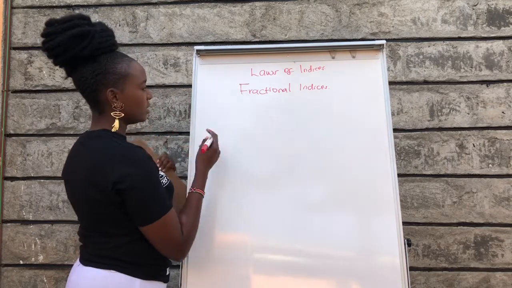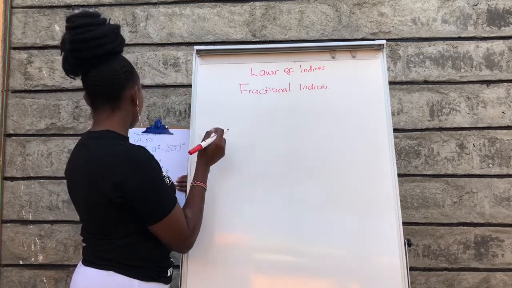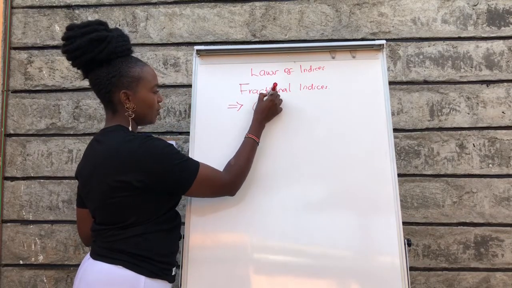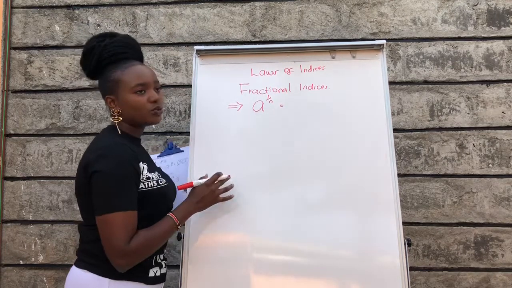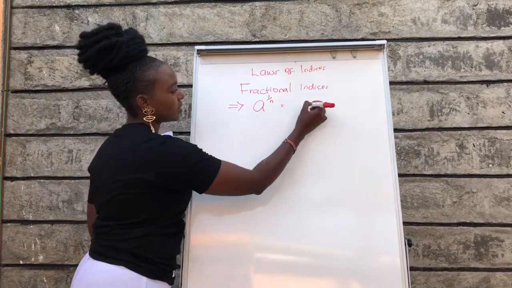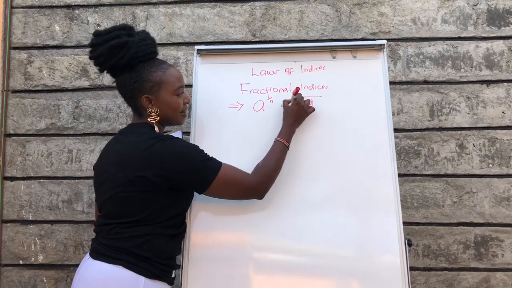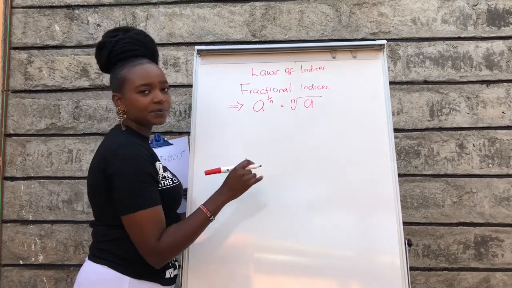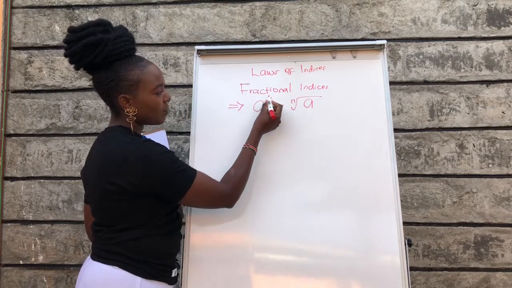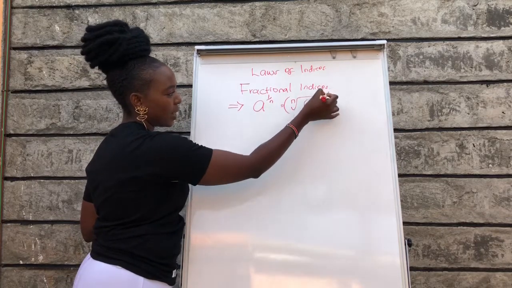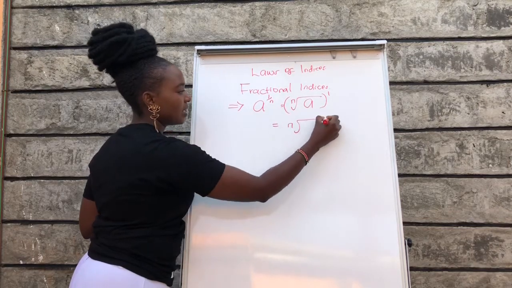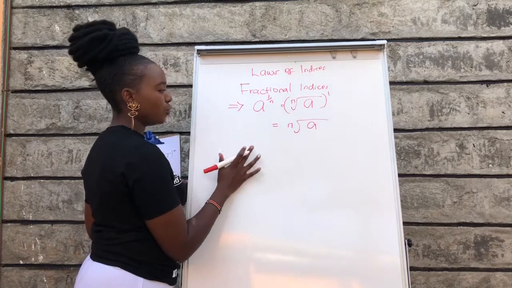Under fractional indices, what you need to understand are the laws that you can write here. When given a^(1/n), what you need to know while working out a question given such is that this is the same as the nth root of a. I hope you're understanding. It's the same as the nth root of a, and because here we have 1, it's the same as multiplying by 1, raised to power 1, but since it's 1, you can just leave it as the nth root of a. So this is how you need to do it.